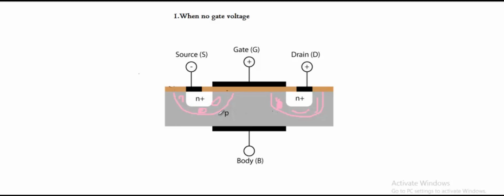If you observe one more thing, this is an N-type and this is a P-type, and here there is some depletion region. On the whole it acts as a diode. So here also it acts as a diode.